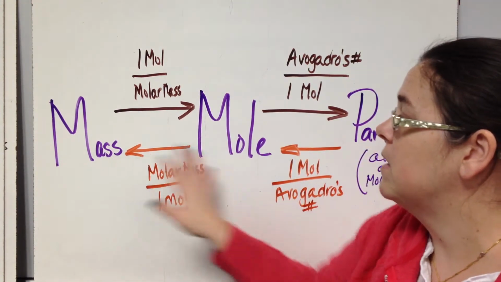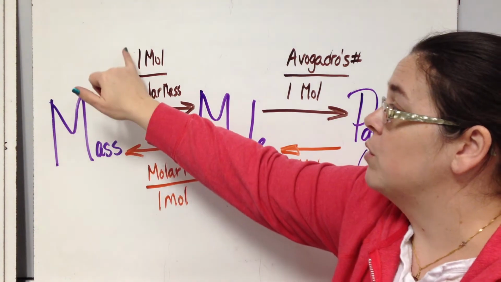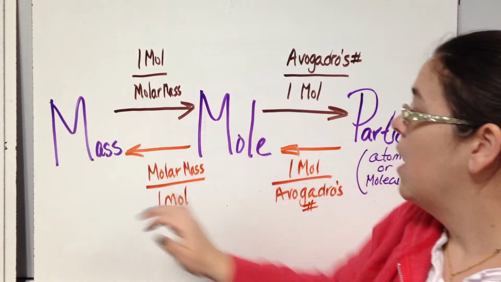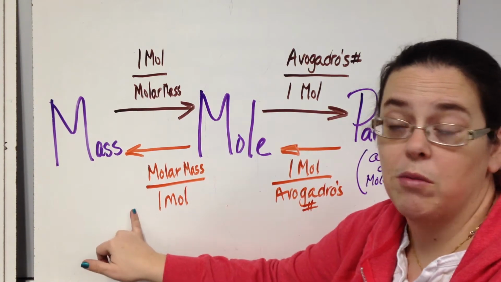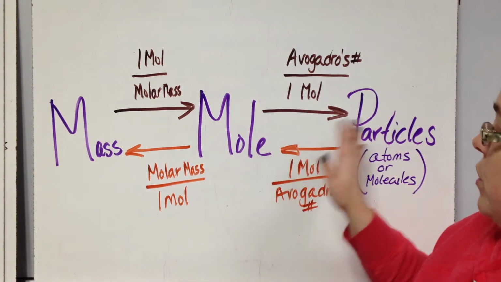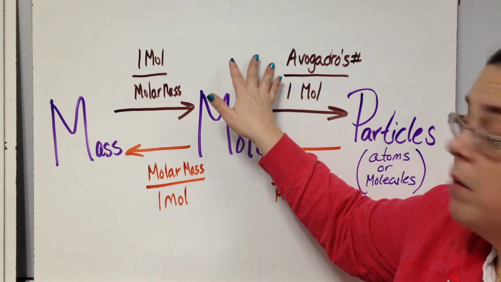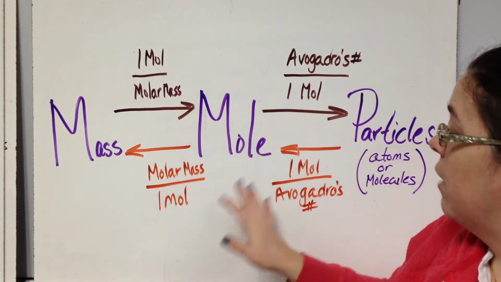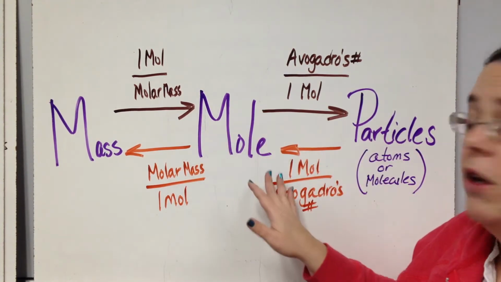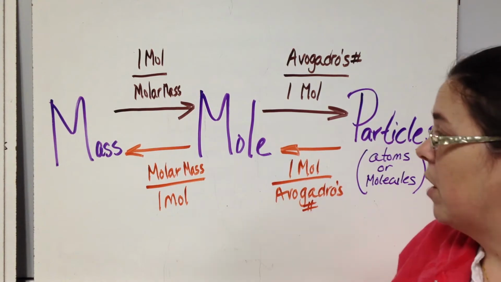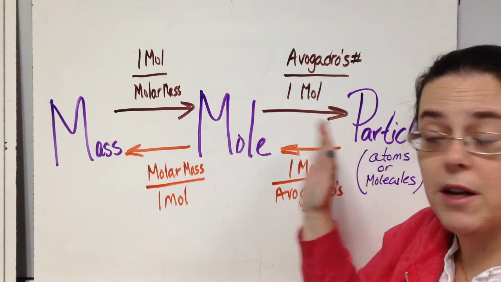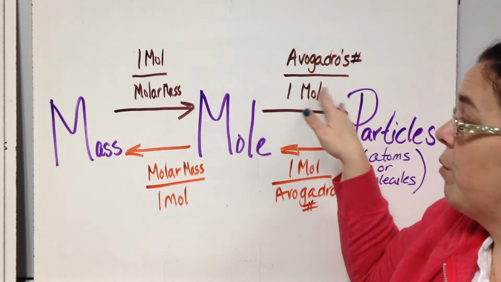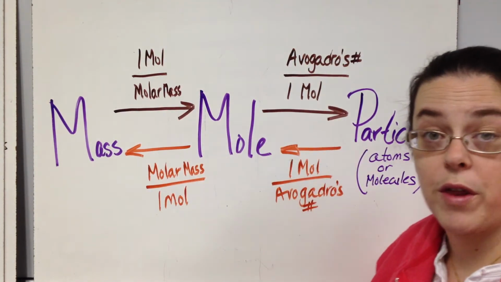If we're going from mass to mole, we use 1 mole is equal to the molar mass. If we're going from mole to mass, we use the molar mass is equal to 1 mole. If we're going from moles to particles, we use Avogadro's number over 1 mole. If we're going from particles to mole, we use 1 mole over Avogadro's number. And this setup is the same. Whichever way your arrow is pointing, you're going to use the appropriate conversion factor for that particular step.